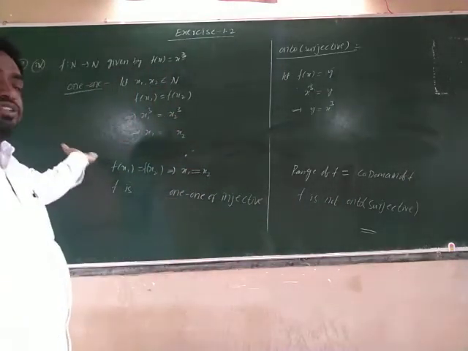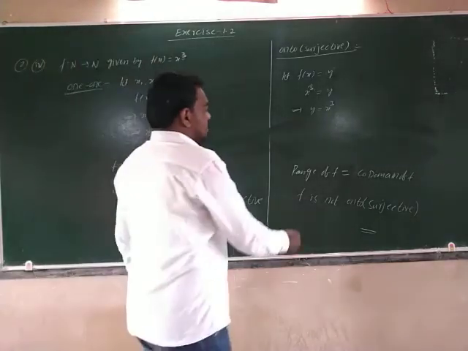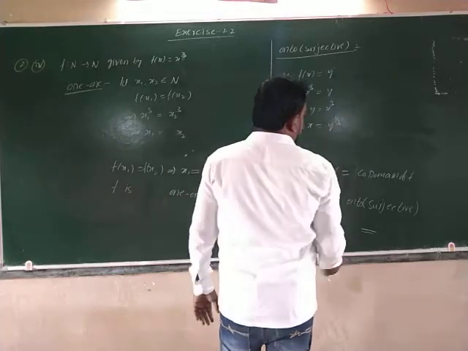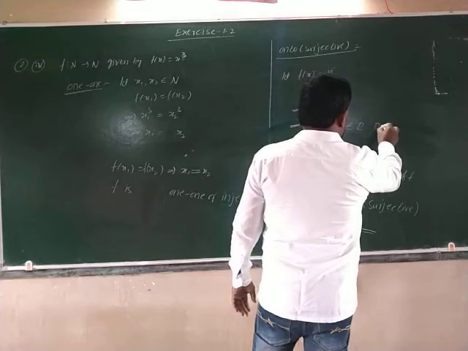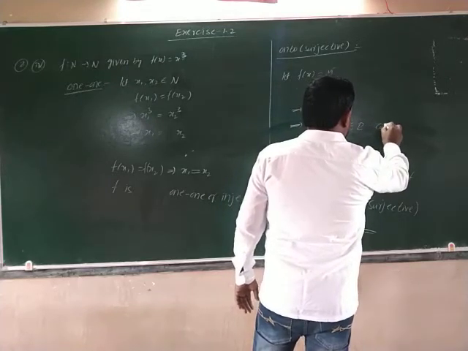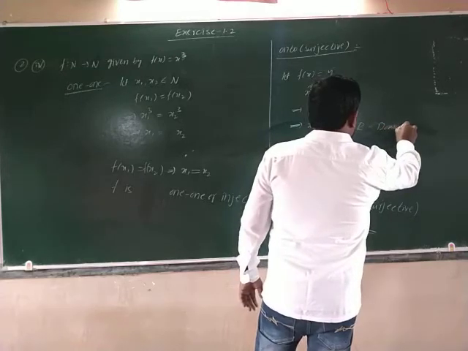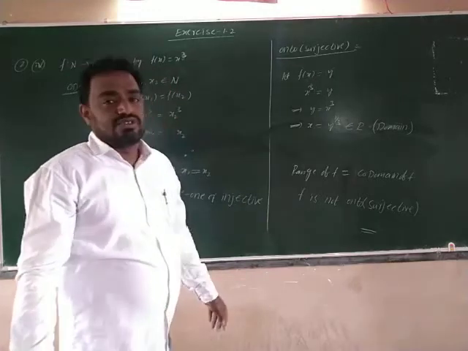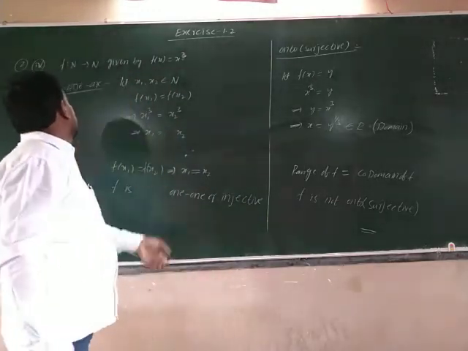This is your answer. That means if you write x is equal to y to the power of 1 by 3, it is existing. This belongs to R, the codomain, and this is the domain. That means domain elements are existing here. So range of f is equal to codomain of f. Right? This is the fourth one.